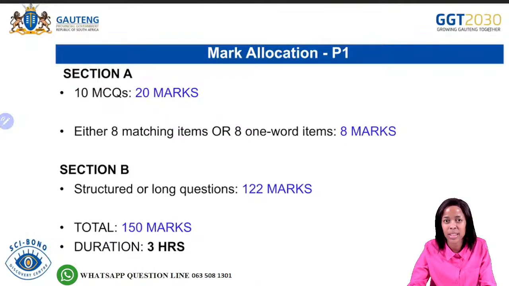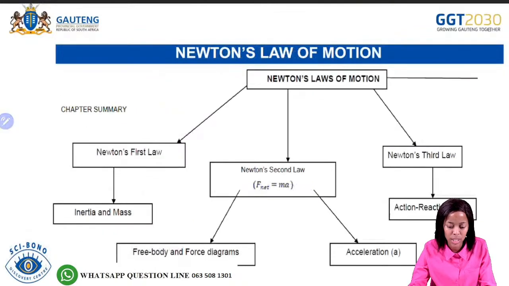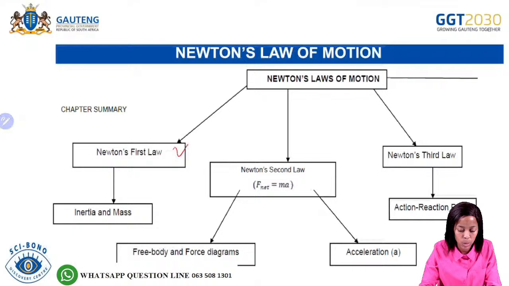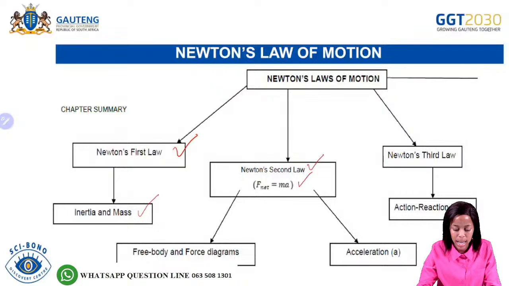So for paper 1, the total is 150 marks, and the duration of the paper is 3 hours. Just to remind you, so far we are busy with the chapter Newton's laws of motion. We have covered Newton's first law, under which we covered inertia and mass, and also Newton's second law, which consists of the formula F net equals ma.